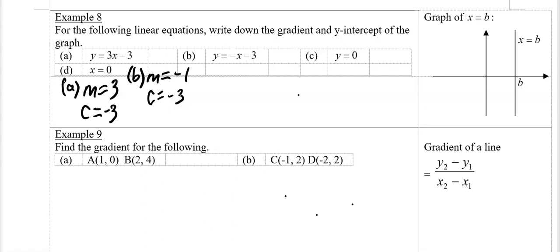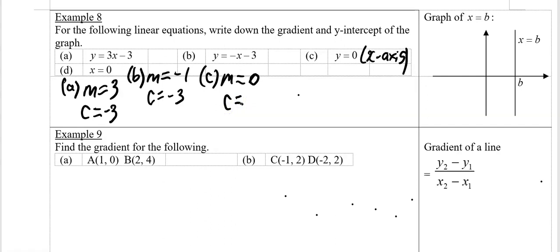Okay, now for part C itself, we have the horizontal line. Now, interestingly, y equal to 0, what kind of line is it? Yes, you're right. This is actually referring to the x-axis. So for part C itself, our gradient, as we learned previously, gradient of horizontal line is actually 0, and the y-intercept C is actually what value?